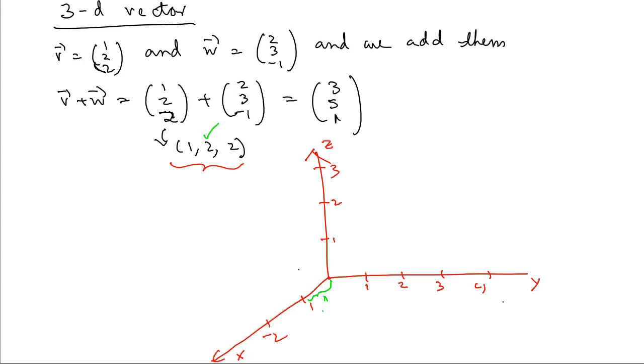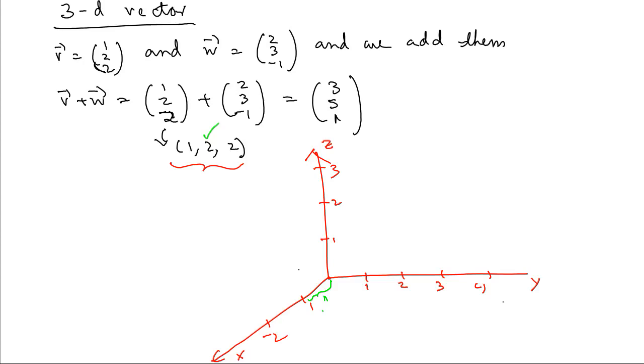Let me see if there is a negative number involved here. Maybe that would make the explanation more interesting. Yeah. So let's not worry about this vector, but I want to use a more interesting vector.